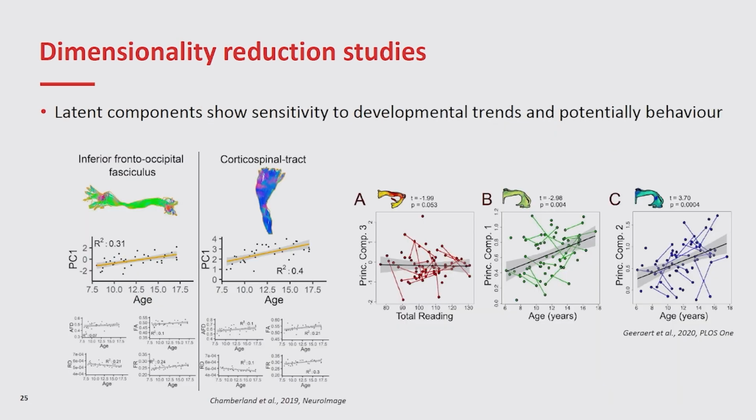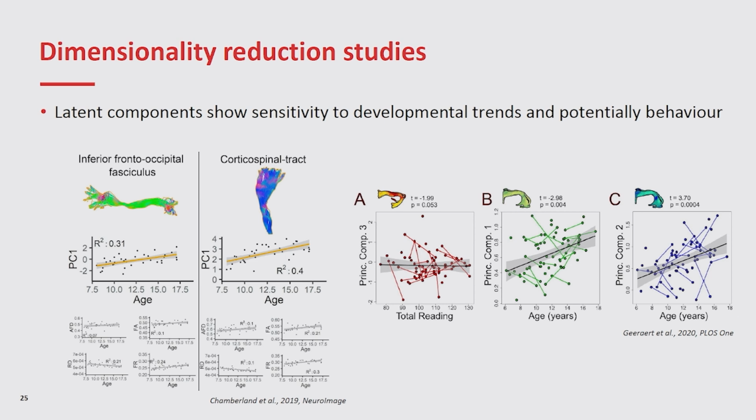Now, both of these studies showed that our principal components, or our latent variables, were sensitive to age effects, so we can use these to identify trends in brain development and again begin to clarify FA and MD based relationships and potentially behavior. I was looking at relationships with reading in adolescence, and we found some trends that I have on screen here, although they didn't survive multiple comparisons corrections, so that's worth noting, but it shows potential for further development to clarify our understanding of cognition or behavior as well.